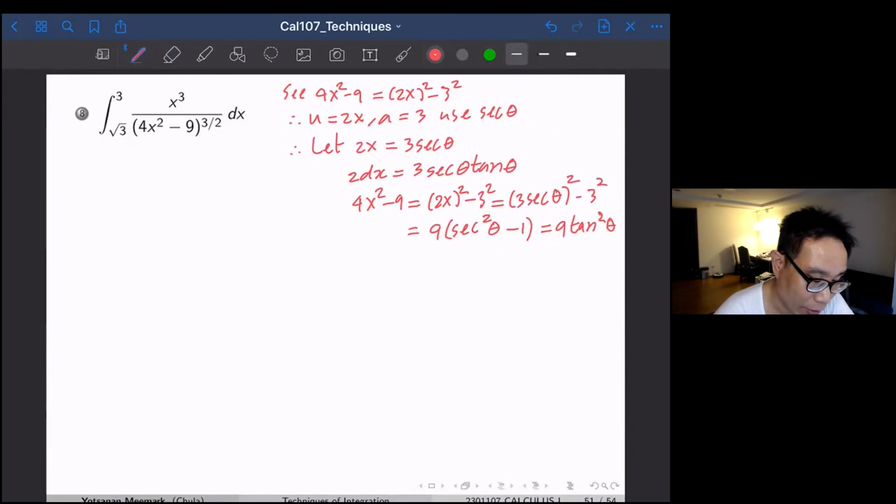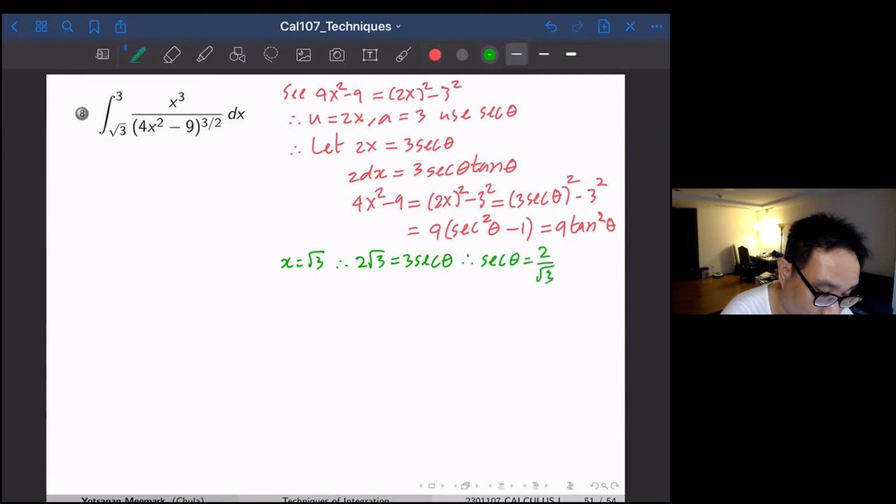Then you're going to do the limits. For x equal to root 3, you have 2 root 3 equal to 3 sec theta, so sec theta equal to 2 over root 3.